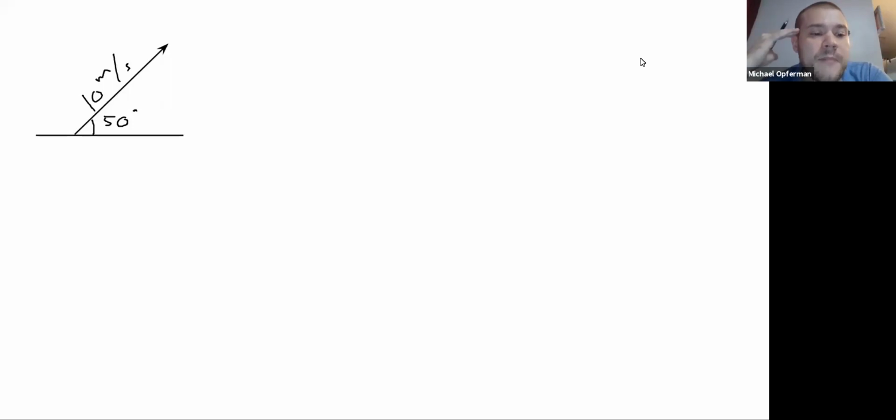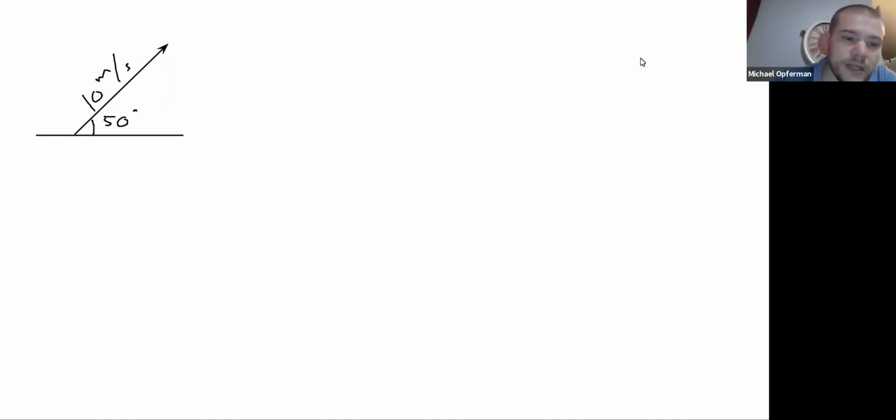So sometimes the magnitude of the vector isn't literally a length. Sometimes it's just an amount, a size, a whatever you want to call that. Amount, I guess, is the best word, of how big, how strong that vector is. So in this case, it's a 10 meter per second vector at a 50-degree angle.